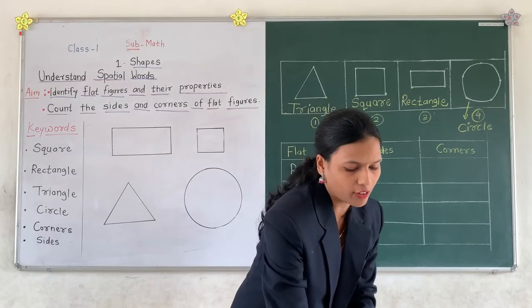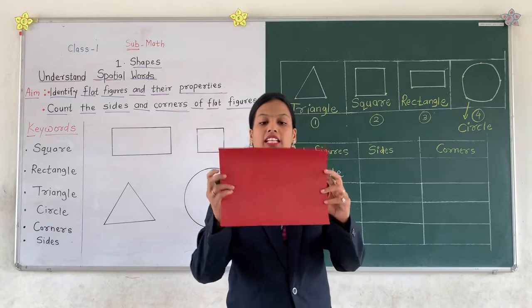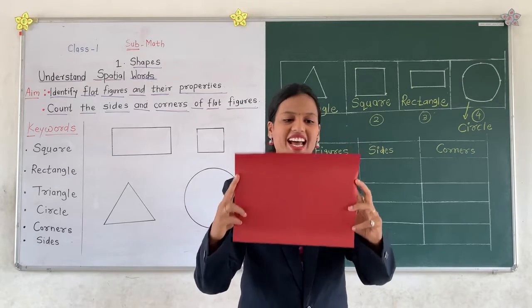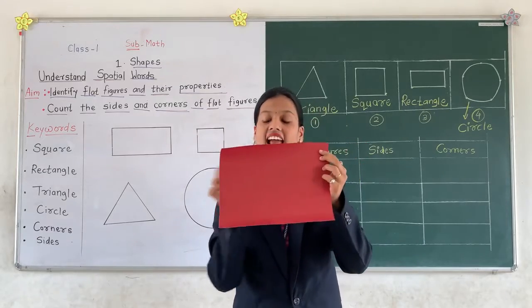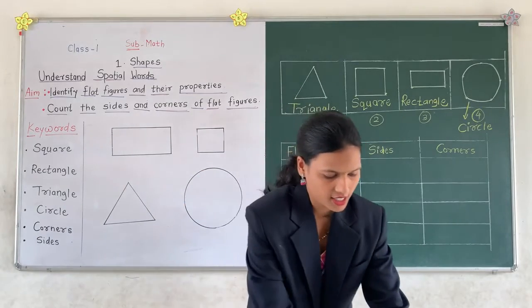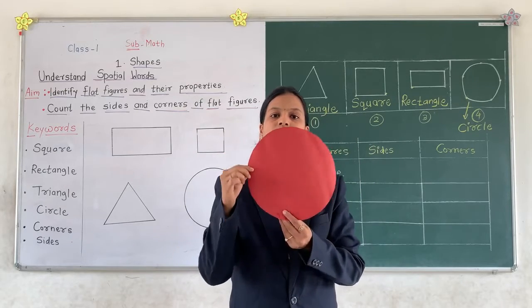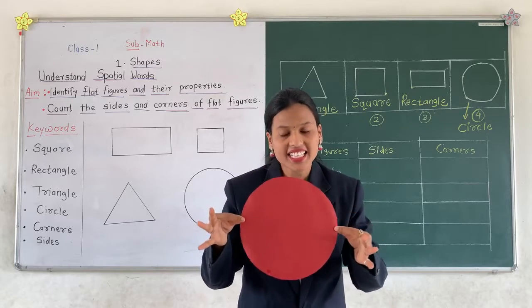Again I want to show you some shapes. Can you tell me the name of the shape? What shape is it? Right, rectangle. This is rectangle. Next. Students, what is the name of the shape? Circle. This is circle.